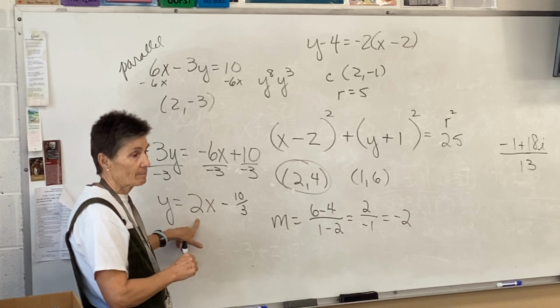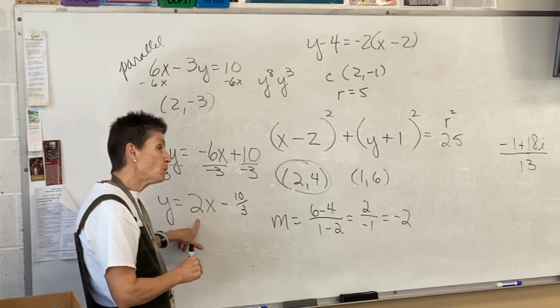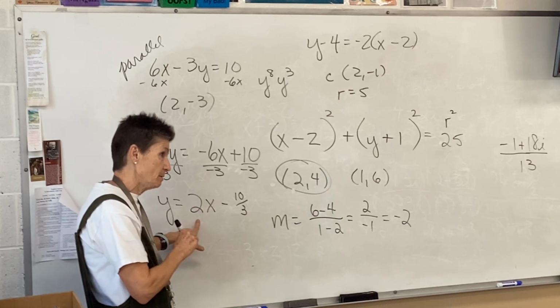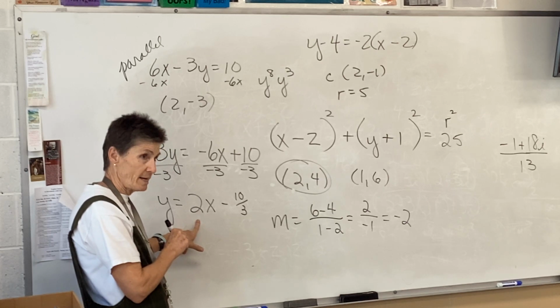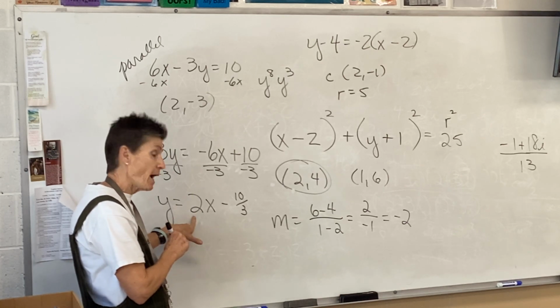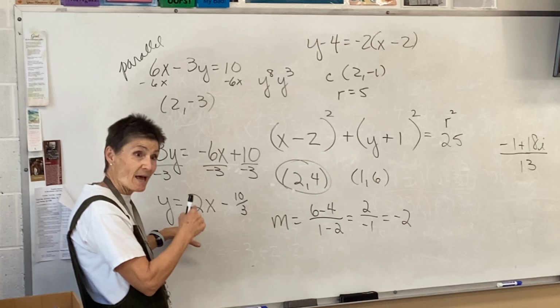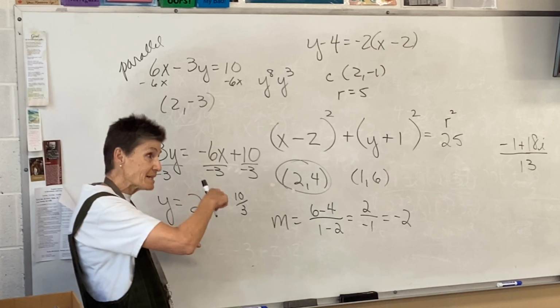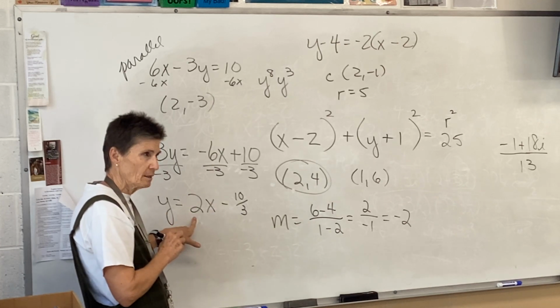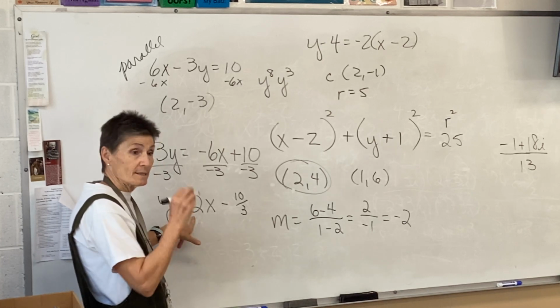That's all I need. Now, if I'm going to be parallel when I write my new line, then I will use that slope, right? On the last practice test, we wanted perpendicular, so we used -1/2.